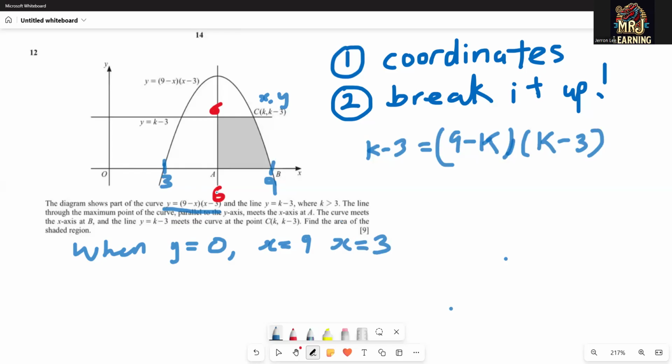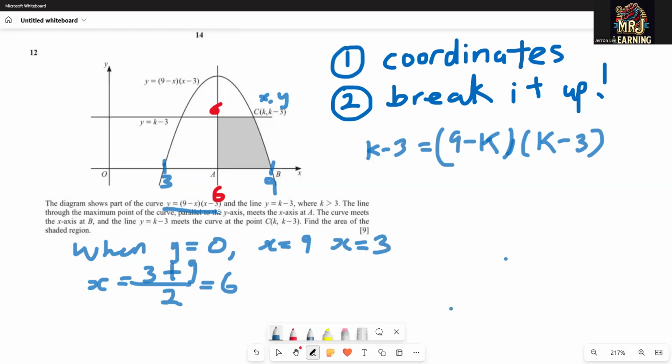Now, the midpoint, I call it, is like 3 plus 9 divided by 2. Or this is what we call the line of symmetry as well. So you can find that, which is just 3 plus 9 over 2, and I'm getting a 6 over here. That's fine with me.